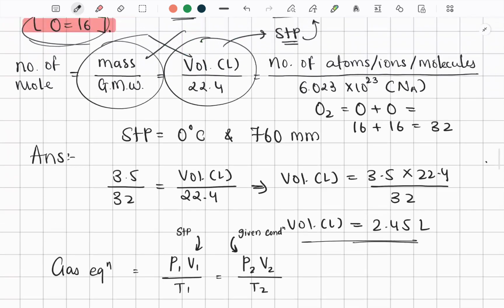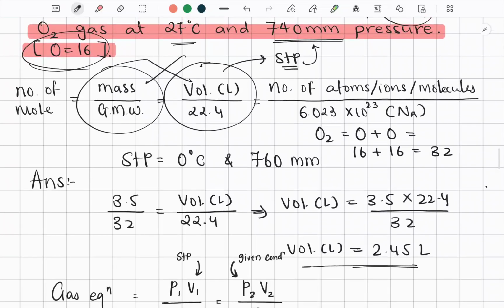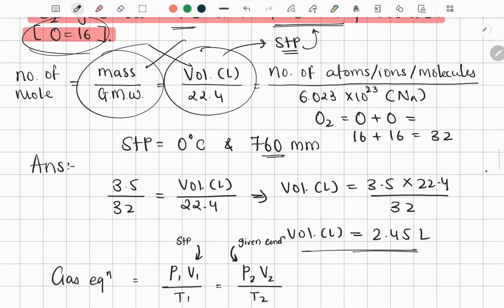Okay, so sir, do we know the P1? Yes, we know the P1 at STP is 760 mm. Do we know the V1? Yes, we just calculated, which is 2.45 liter. Okay, so 2.45 liter and 760 mm Hg, and temperature T1, yes, we know, 0 degree Celsius.